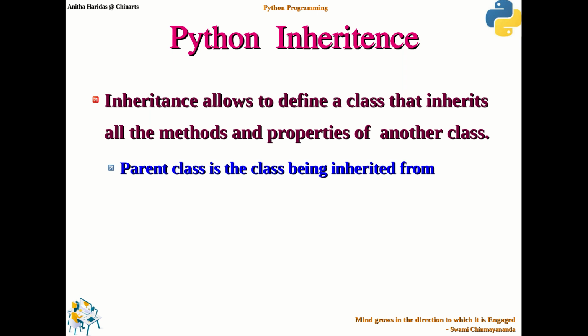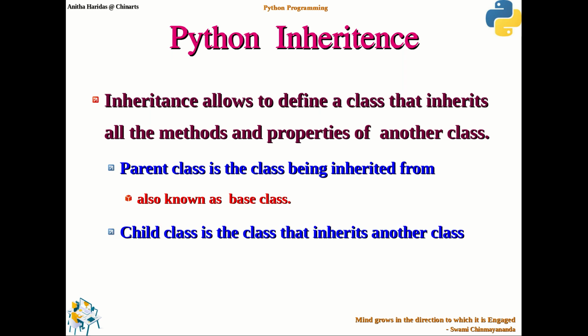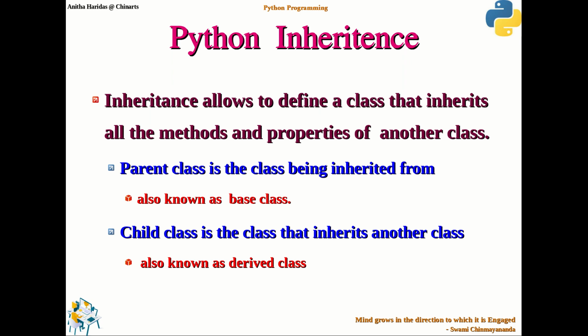So the parent class is the class being inherited from, which is also known as the base class, and the child class is the class which inherits another class, which is also known as the derived class. This inheritance allows subclasses to inherit, and remember, this base class can also be called a superclass, and the derived class is also known as a subclass.